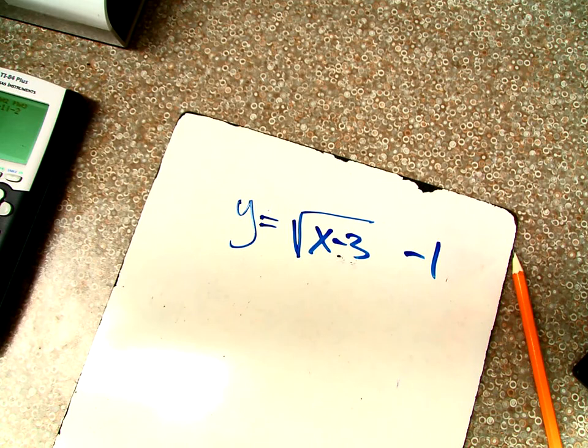I'm going to leave that there. I'm going to wait a few minutes and let you guys try and find the domain and range of that function. So those of you that are here or virtually here, try that problem. I'm going to give you a couple of minutes. Try and find the domain and range.